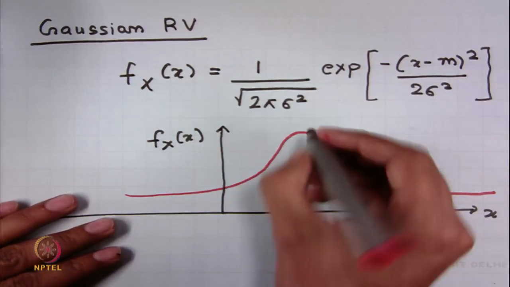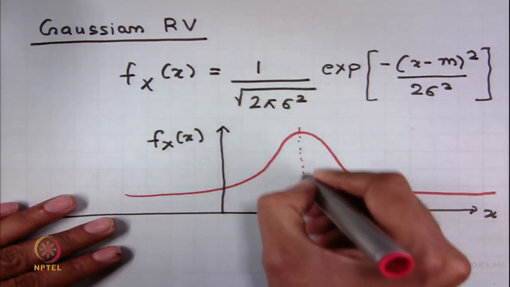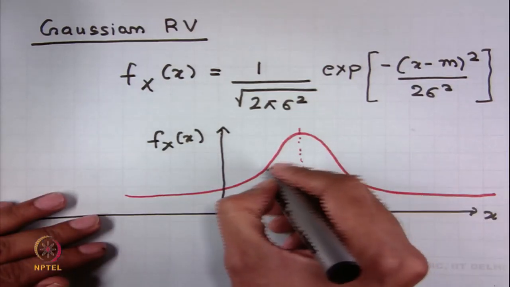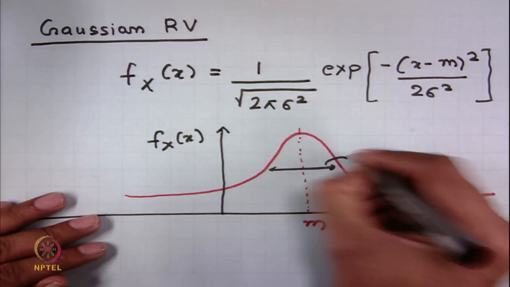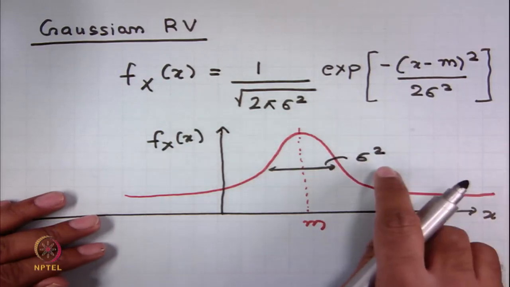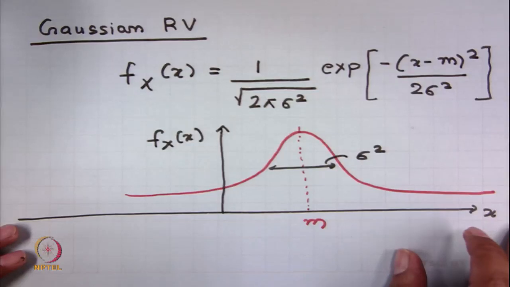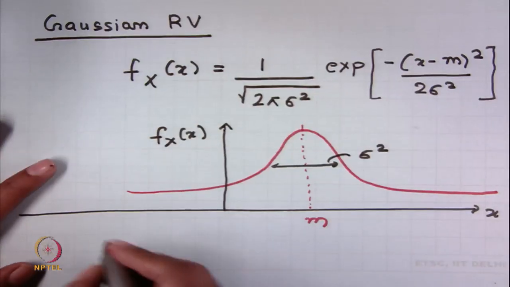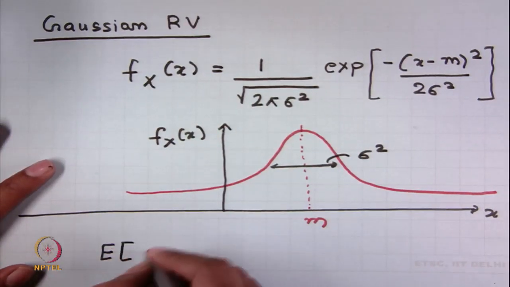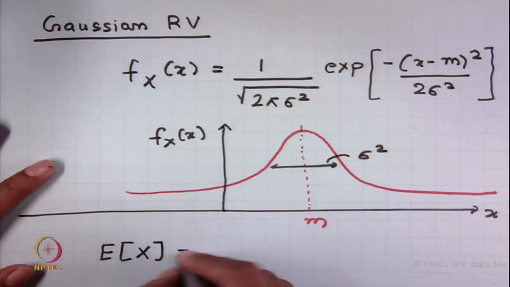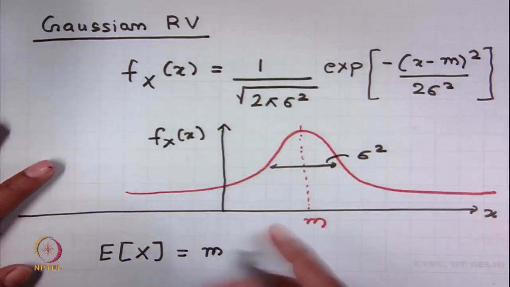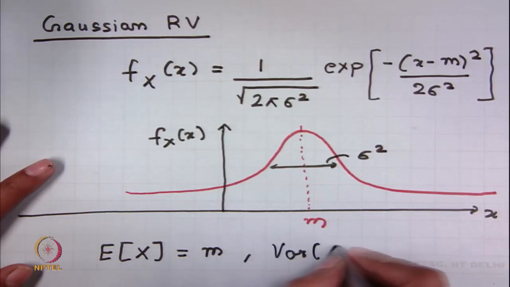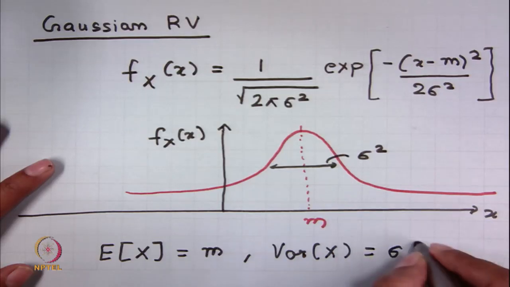And the peak of this density function is at m, and this fluctuation is proportional to sigma square, and you can see and prove that expected value of this random variable is m, which is the mean, and the variance of this random variable is sigma square.